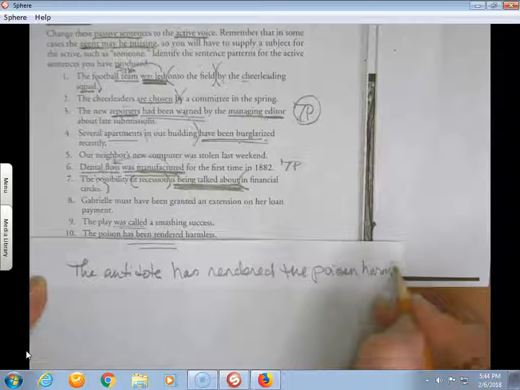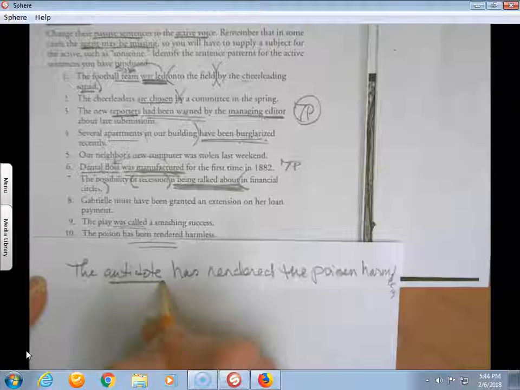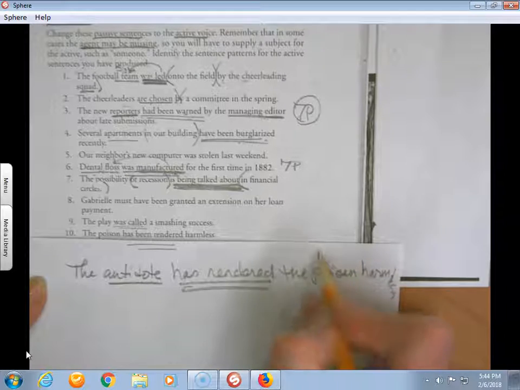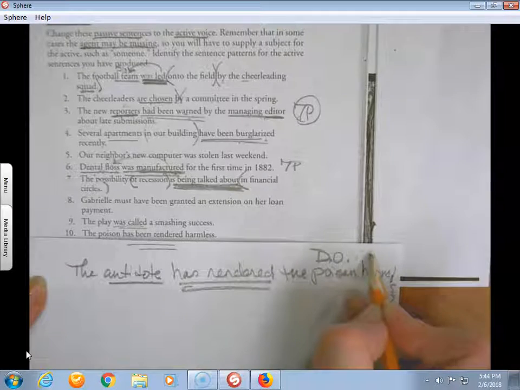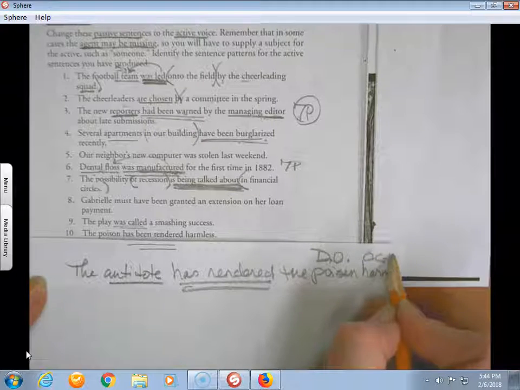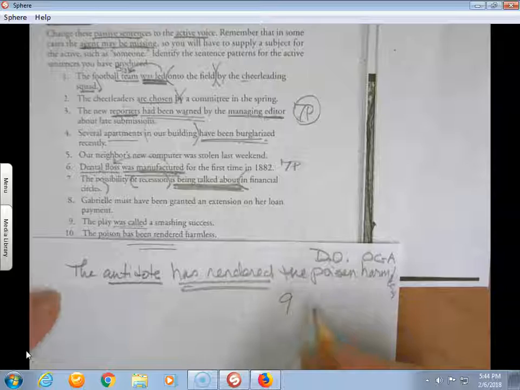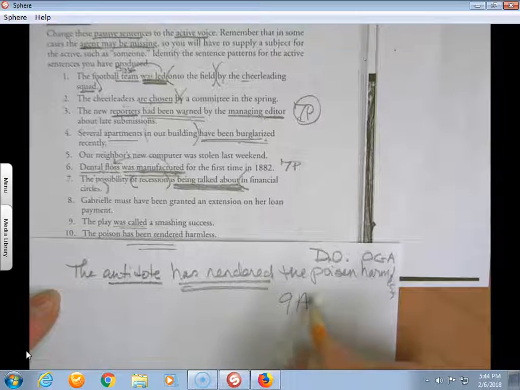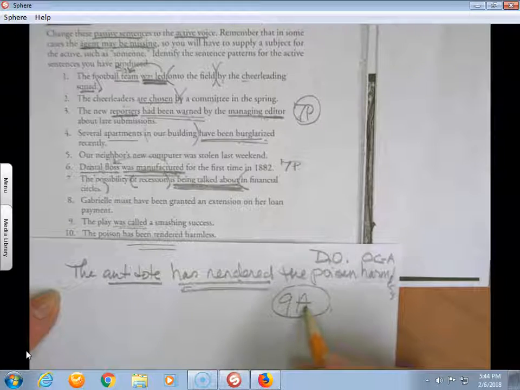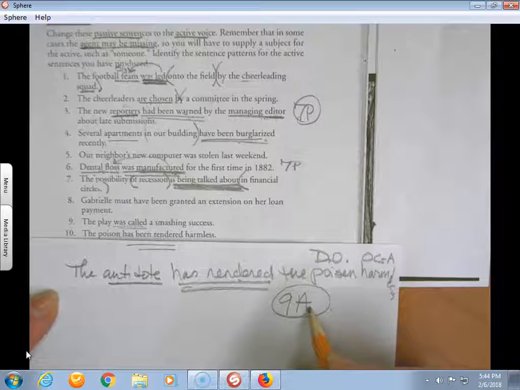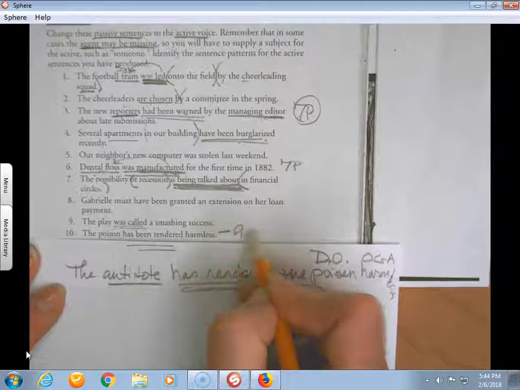Okay. Harmless, L-E-S-S. Antidote has rendered poison to be harmless. Object complement adjective. That makes this a pattern 9. And it is active. When we rewrote it, you don't have to write the A, but I'm just saying it to make you see it clearly. Originally it was a 9P.